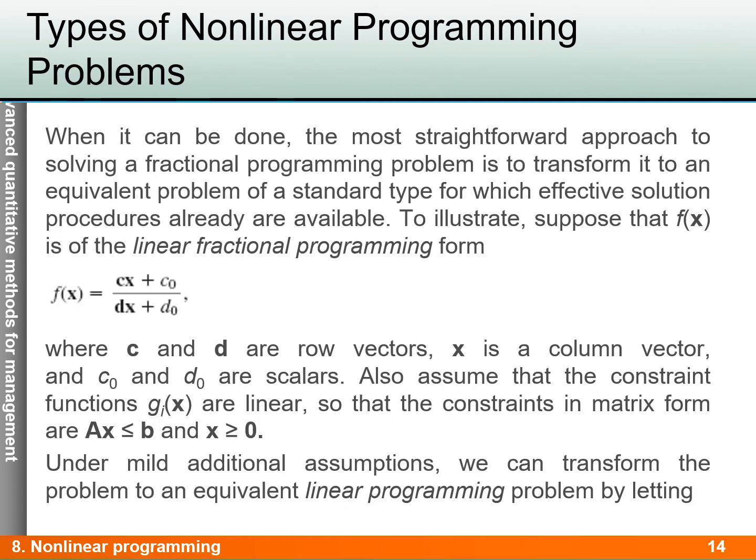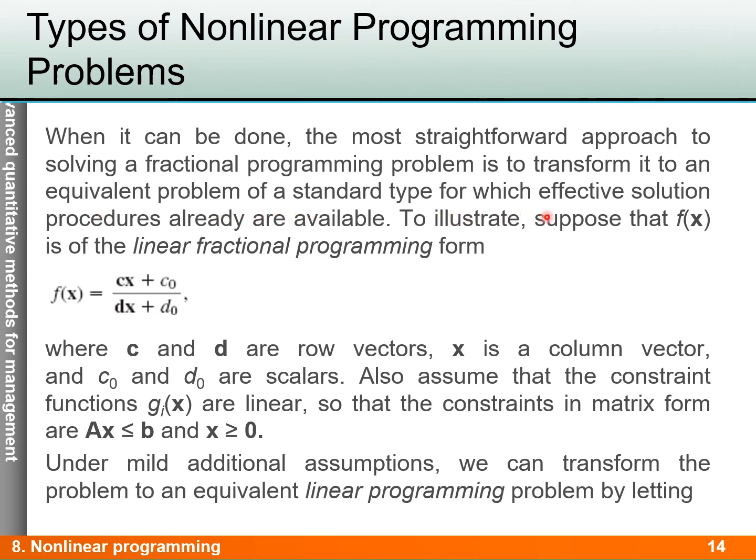Pay attention that one of the most efficient solutions in the majority of nonlinear programming problems is using an equivalent function. As you see here, when it can be done, the most straightforward approach to solving a fractional programming problem is to transform it to an equivalent problem of a standard type for which effective solution procedures already are available.